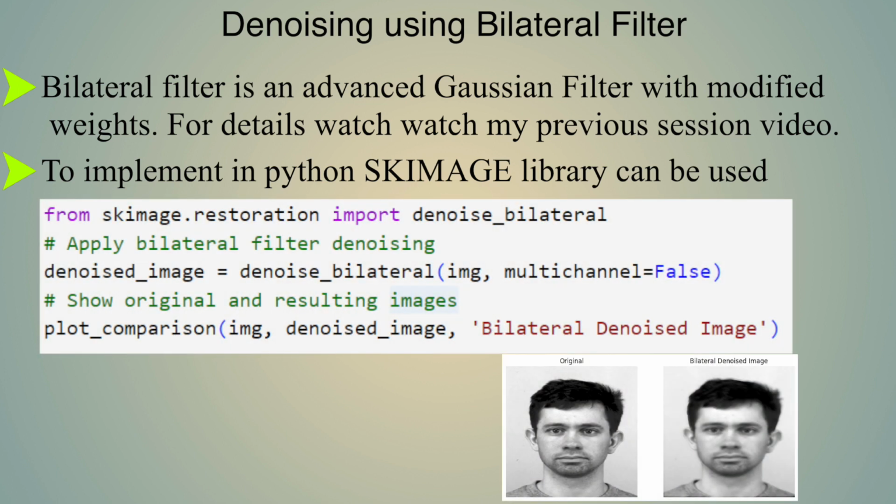You can import the bilateral filter from skimage.restoration, apply it to the image, and then see the comparison of how it works for denoising or restoration of a noisy image.